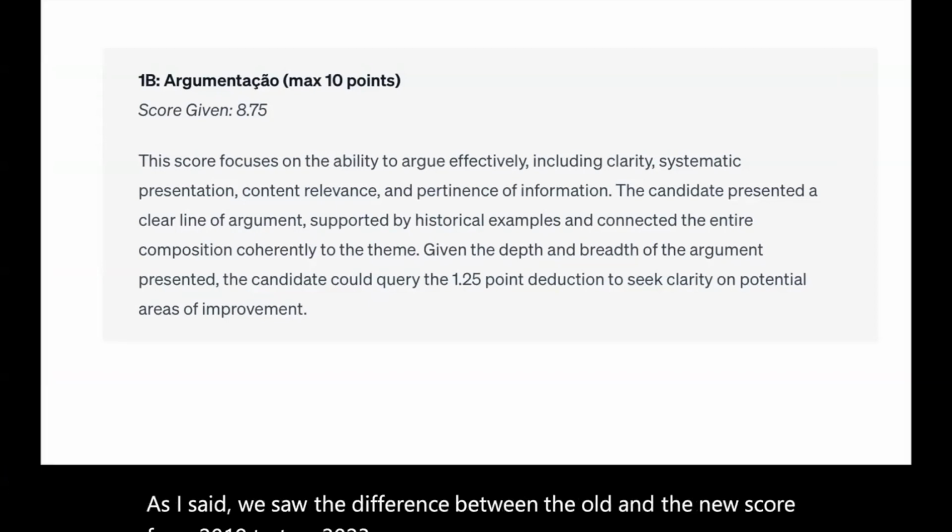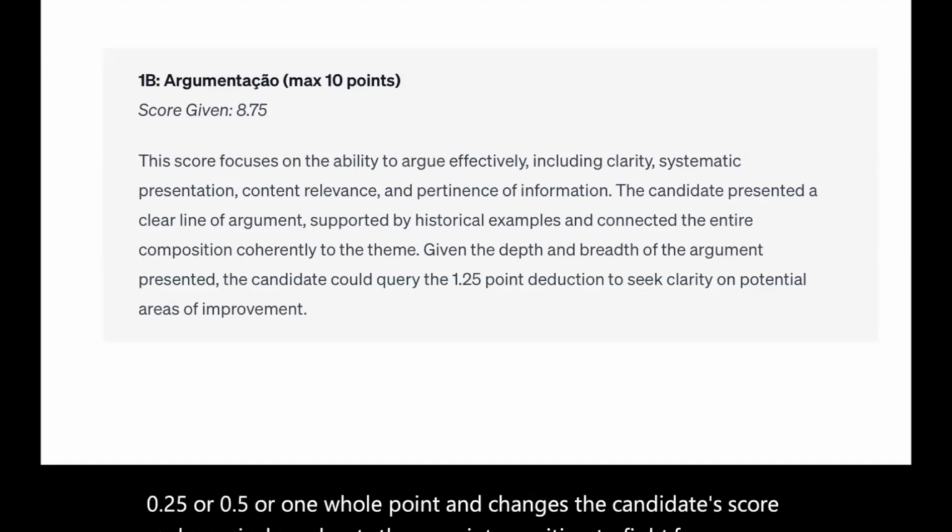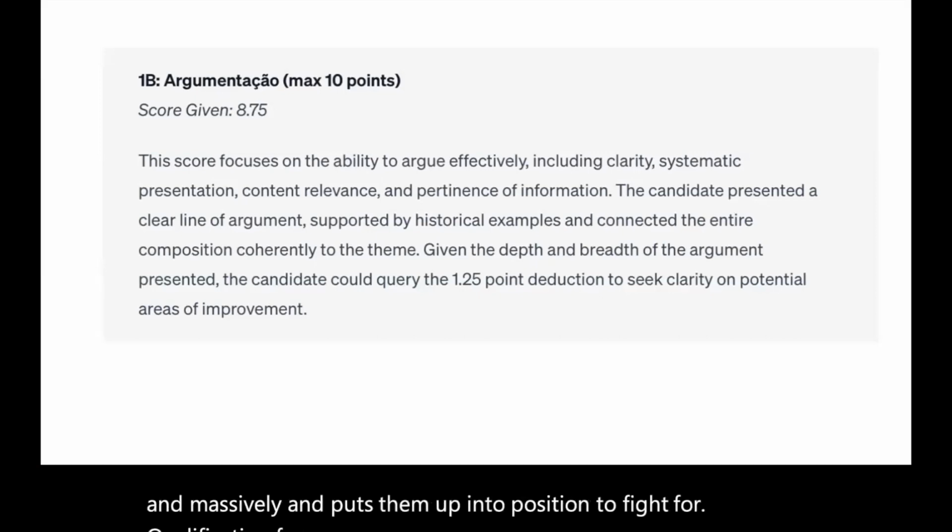Now, there is a 1.5 difference. So every 0.25 or 0.5 or 1 whole point changes the candidate's score massively and puts them up into a position to fight for qualification for Instituto Rio Branco.